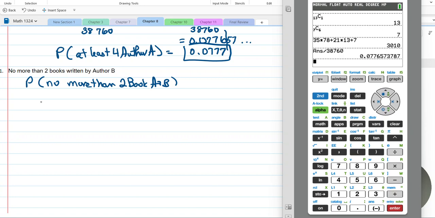So this means the probability. So we're going to structure the problem. So we can have 2 of B. So we're going to have our 13 again. So we're going to have author B, right? They want B is 6.